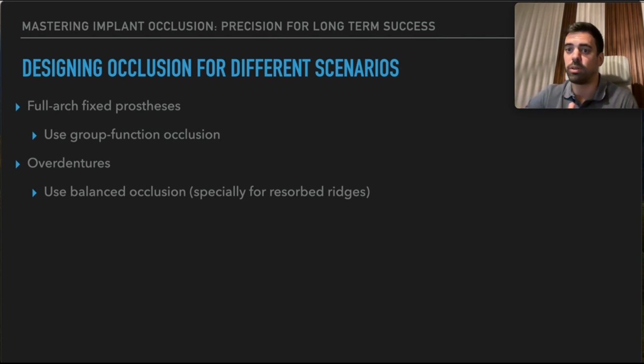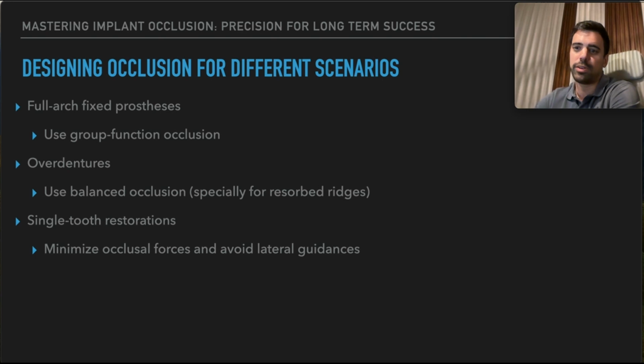That's probably because of the occlusion as well. So we want to make sure that's balanced, and you don't need those implants to leave the denture in place. That's probably the aim that we're trying to achieve.